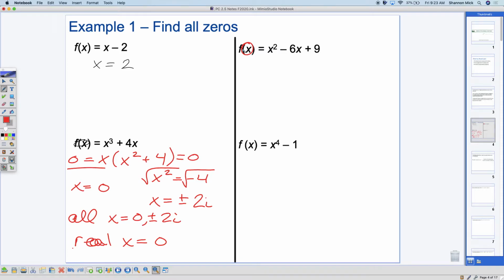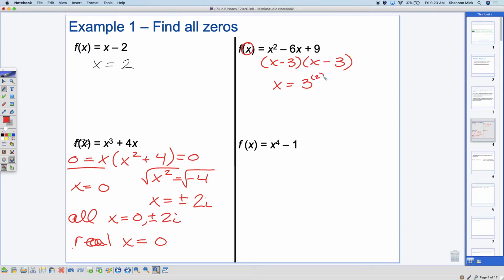The factors of 9 that add to 6: 3. So x minus 3 and x minus 3. If it was plus and minus, they would be conjugates, and would there be any middle term? No. So it's x equals what? 3, but 3 is a what?